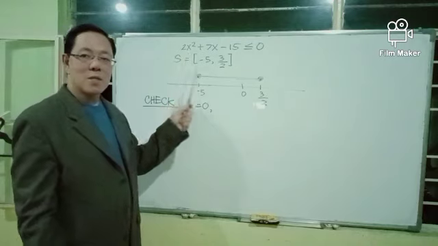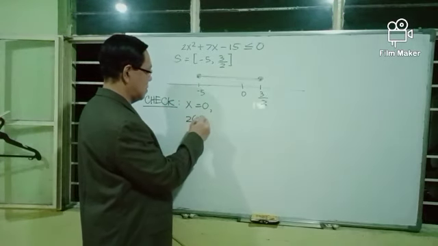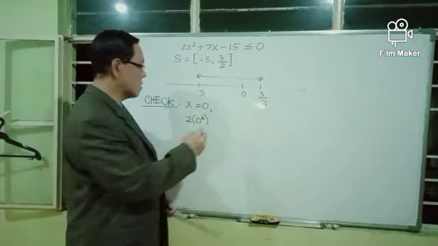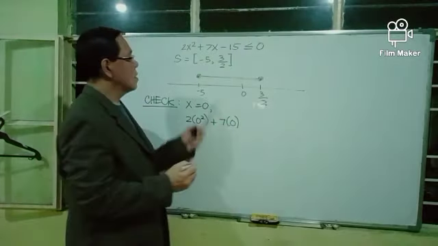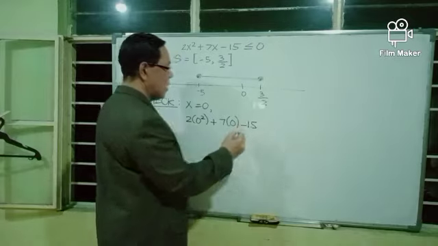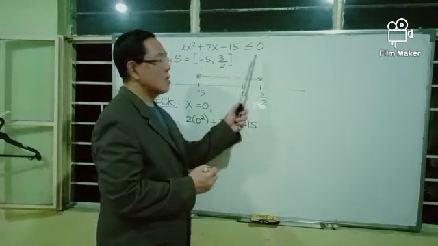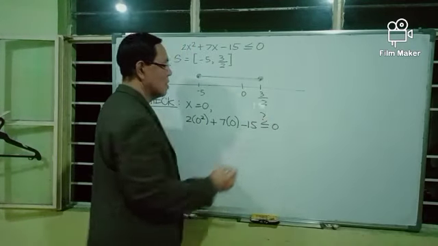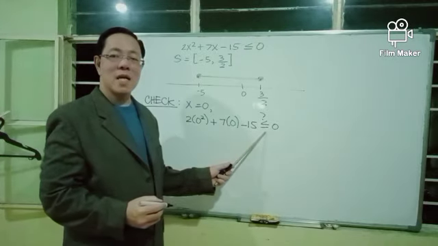You have 2 times 0 squared plus 7 multiplied by 0 minus 15. And we want to check if this is less than or equal to 0. Hence, we put a question mark above the inequality.